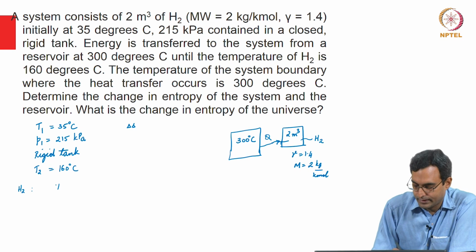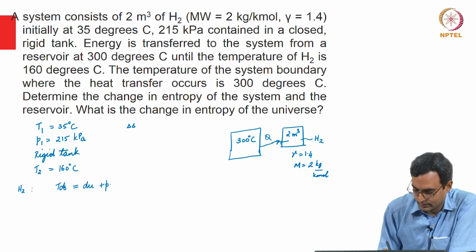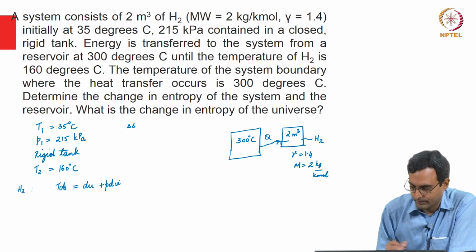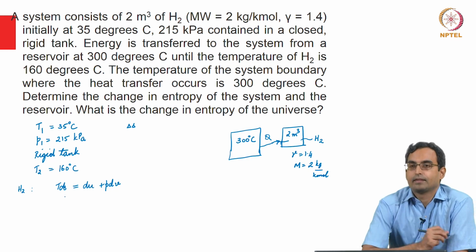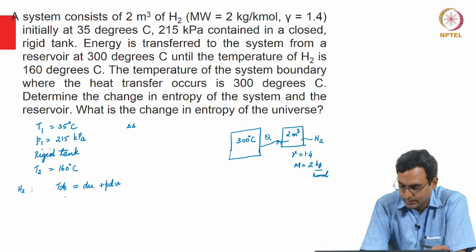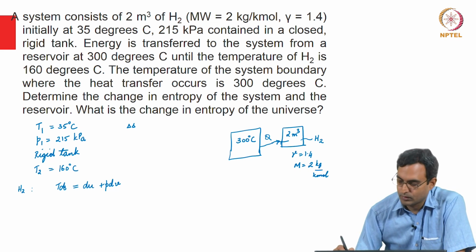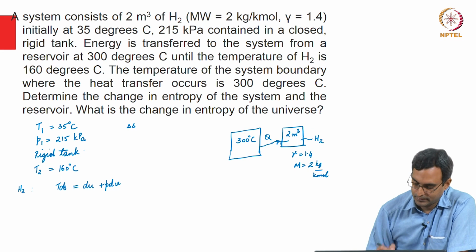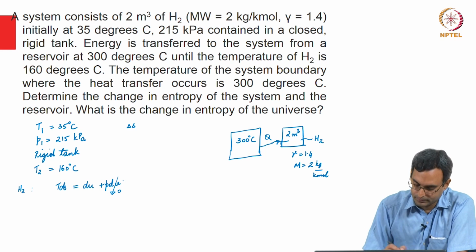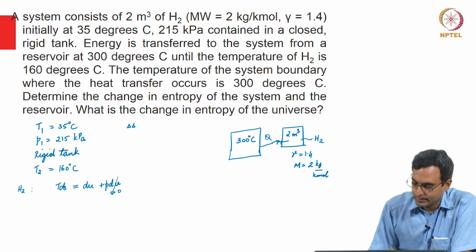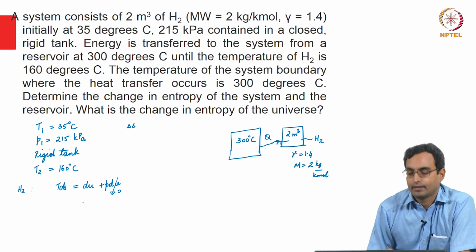So I have the TdS relationships. I also have TdS as dH minus VdP. This is for the hydrogen, it's a constant volume process because it's a rigid tank. So I can use this expression, constant volume process, dV is 0 because V is not changing. I can treat hydrogen as an ideal gas.